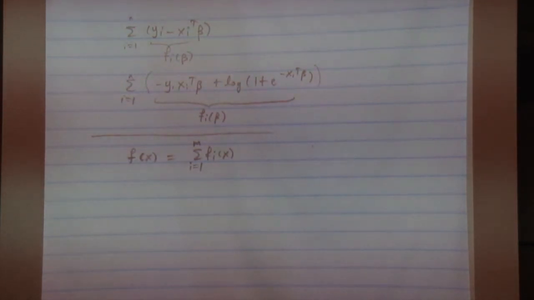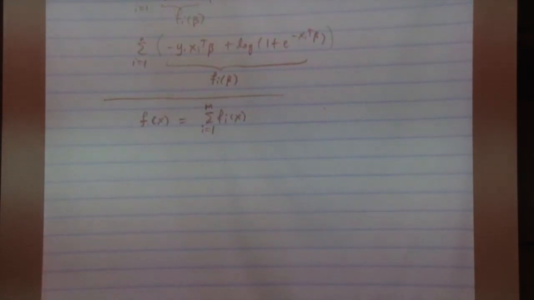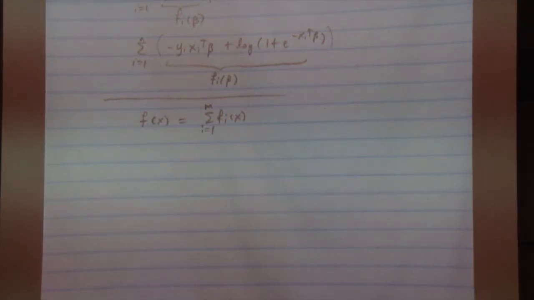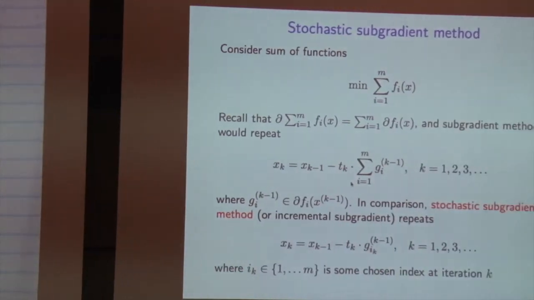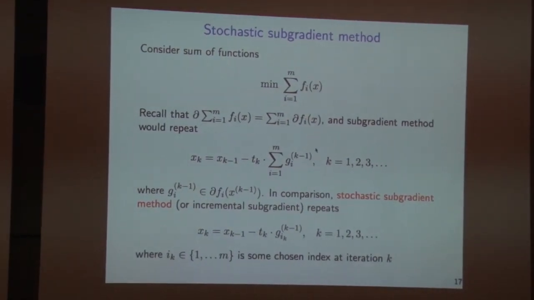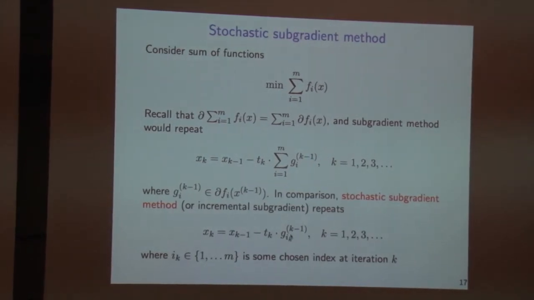So the motivation is that this could be very expensive to compute. There's an alternative approach we can use called the stochastic subgradient method, or incremental subgradient method, which instead of computing the sum, just takes one of these subgradients.